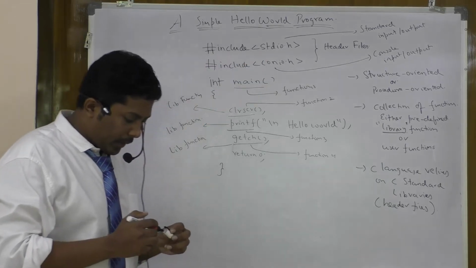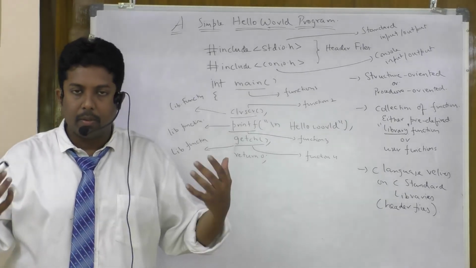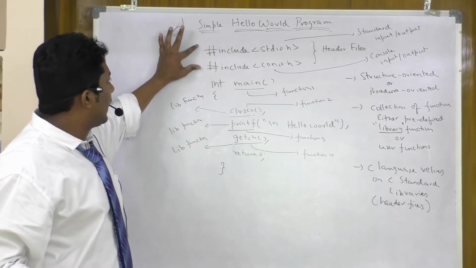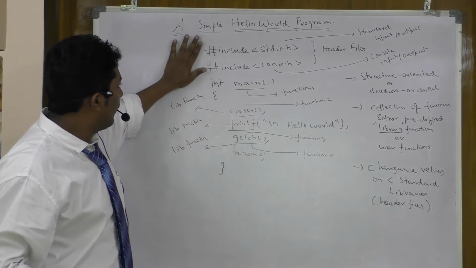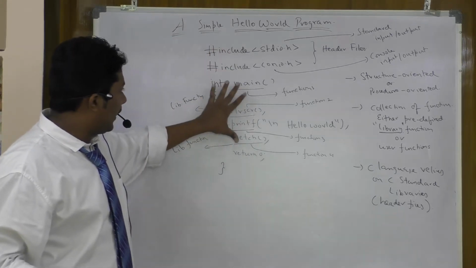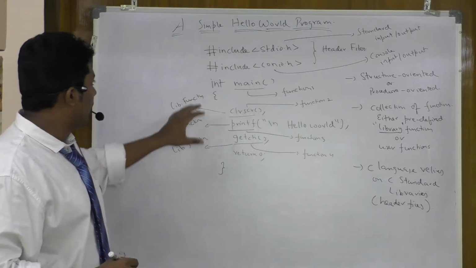If you want to use these predefined library functions within your C programs, you are not allowed to use them without declaring these include files in the beginning of the program, before the main function, which is known as the entry point for the execution of the program. I'll tell you within a few minutes.